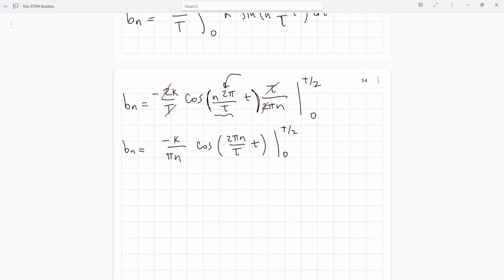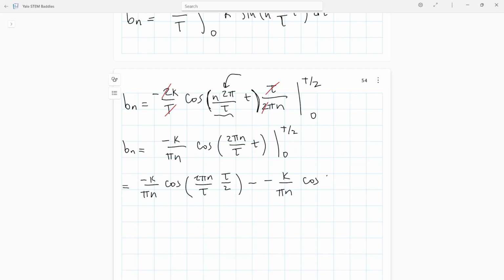So let's plug in our limits now. We're going to get negative k all over pi n times cosine of 2 pi n over big T. We're going to plug in T halves, and then we're going to subtract our evaluation at the second limit.